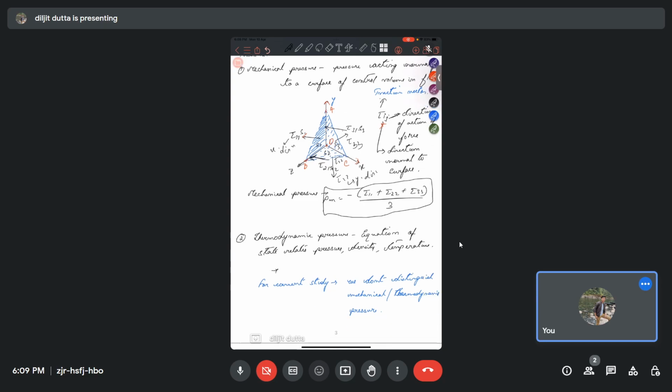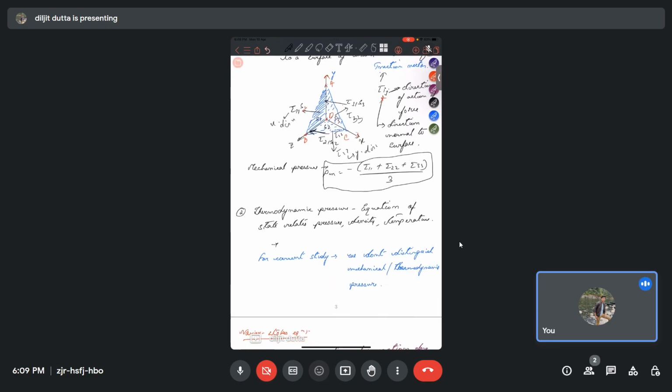Now secondly, there is the thermodynamic pressure. How do we define thermodynamic pressure? It is defined as the pressure that arises due to the equation of state, which relates pressure, density, and temperature. You know that for an ideal gas there is the equation PV equals nRT. This is the equation of state for an ideal gas, and here the pressure is the thermodynamic pressure.